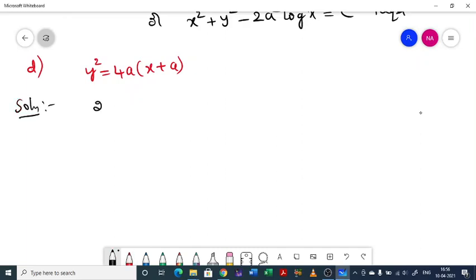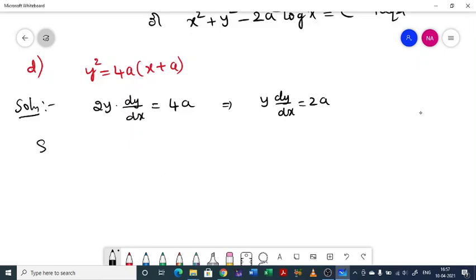So here given equation y square equal to 4a into x plus a. If you differentiate this, 2y into dy by dx equal to 4a. So from this y into dy by dx equal to 2a.